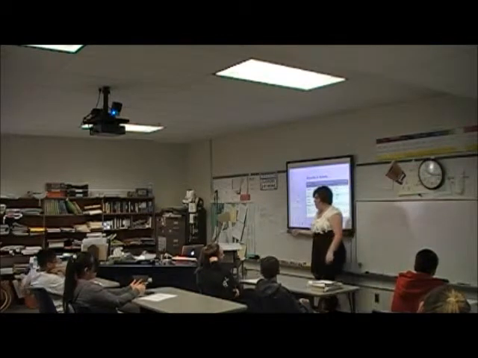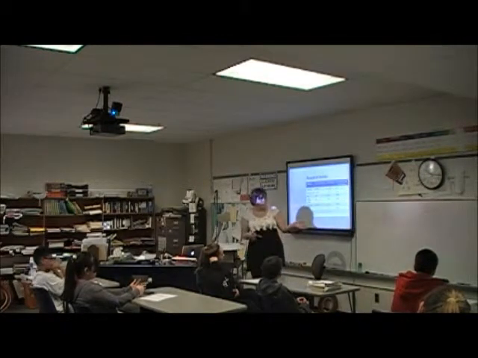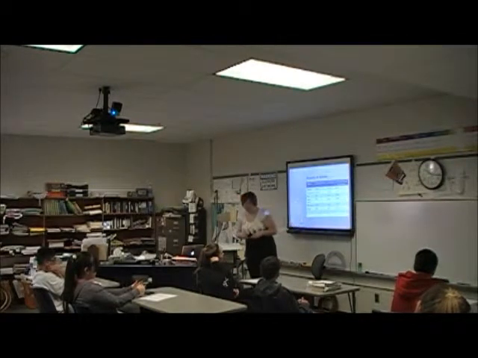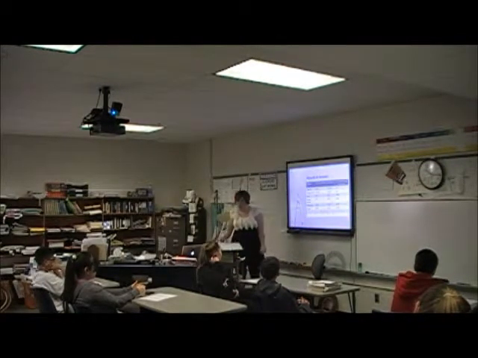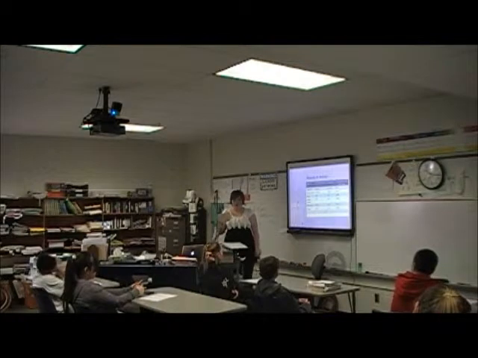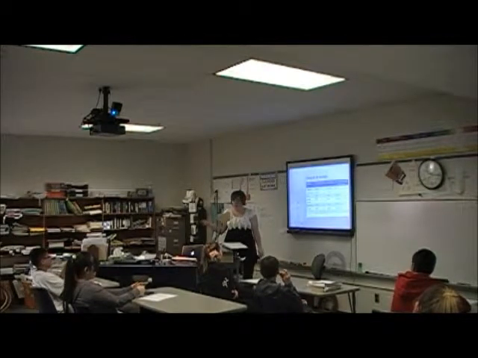Pi is just a symbol, and the number is 3.14. It's a never-ending number, it's irrational, so it just keeps going. You can either use 3.14, or you can use 22 divided by 7, or 3 and 1/7. Your book says to use 3.14, unless otherwise directed.